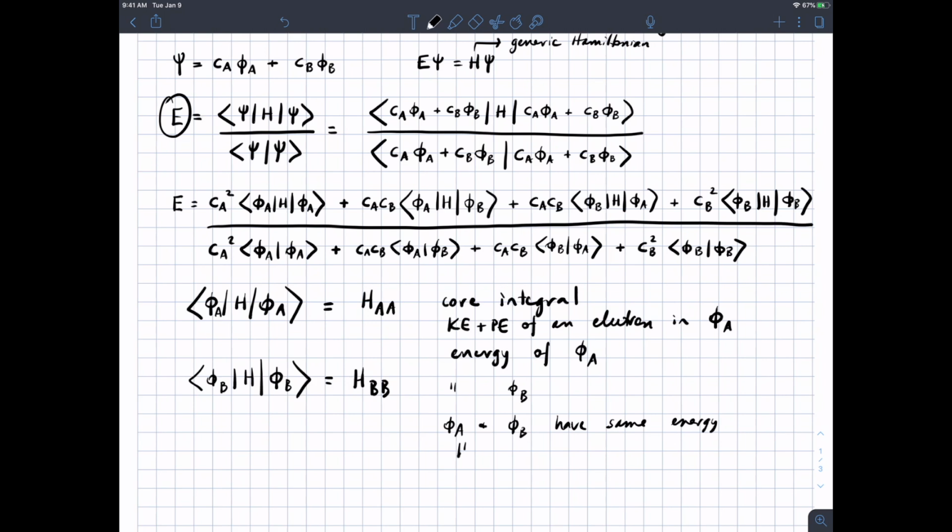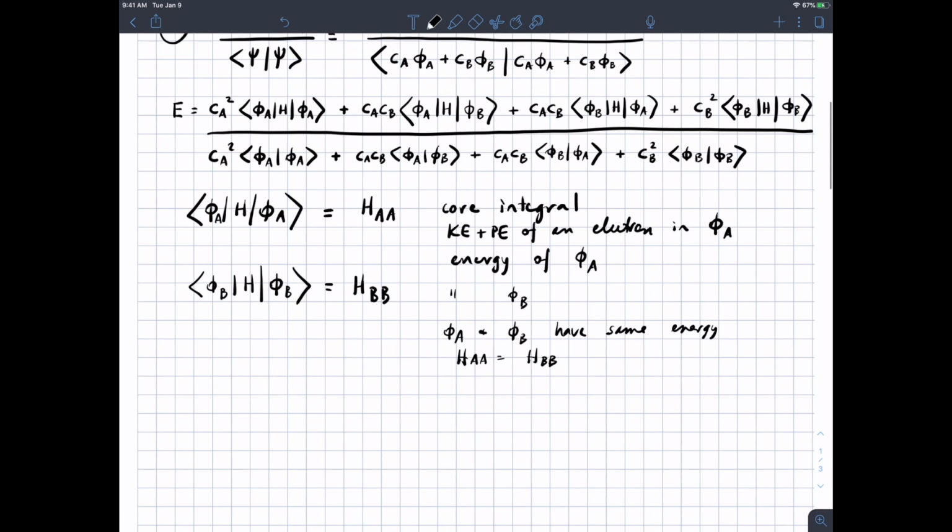So we're going to let H double A equal H double B, which would be the case if you had two hydrogen atoms coming together, right? When they're apart, they're exactly the same. So the core integral of an electron on this hydrogen atom has got to be exactly the same as the core integral of an electron on that hydrogen atom. Okay, with me so far?